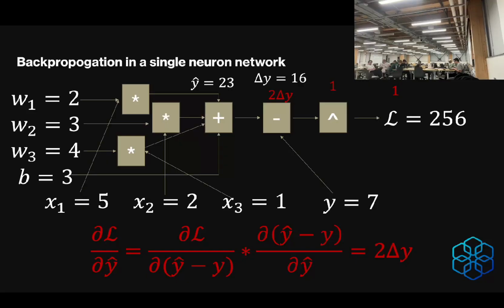So let's start off with the derivative of L with respect to the bias. Now using the chain rule only, how can we get this? So let's first formulate this. How can we formulate this using the chain rule? What is the derivative of the loss with respect to bias?